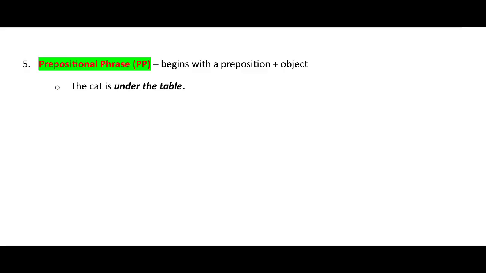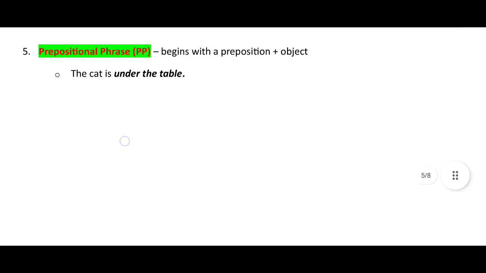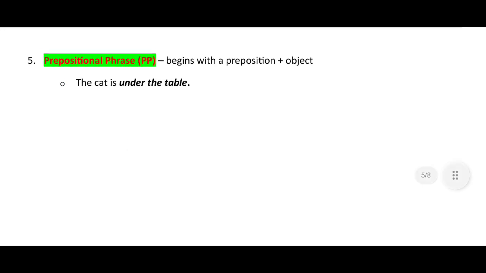Let us see. The cat is under the table. Here under the table is showing the relationship between cat and table. The position of the cat is shown here. So under the table is the prepositional phrase. A prepositional phrase is a group of words that acts as a preposition. That should be underlined.